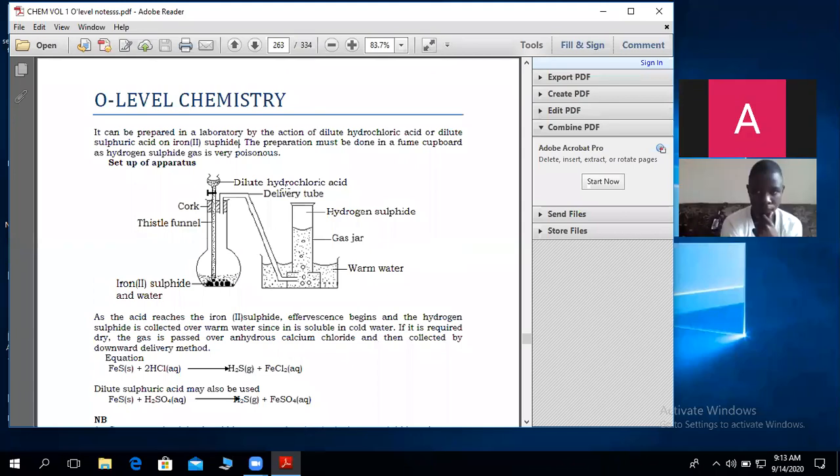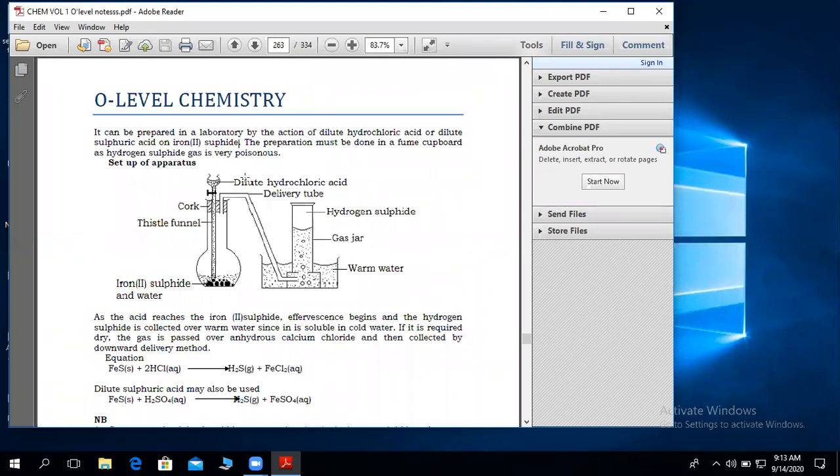The dilute sulfuric acid, or dilute hydrochloric acid, is a liquid, and it is put in the thistle funnel, as you can see. Iron 2 sulfide is a solid, and we put it in the flat bottomed flask, and our hydrogen sulfide is formed and it is collected over water. But remember, we may require the gas when it is dry.